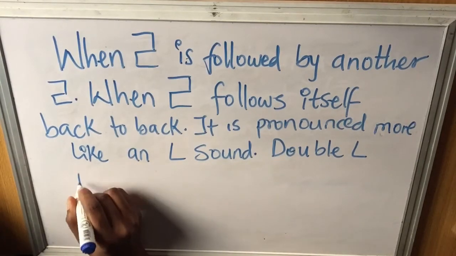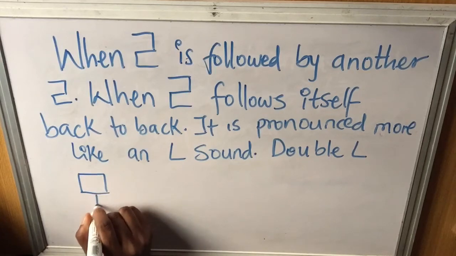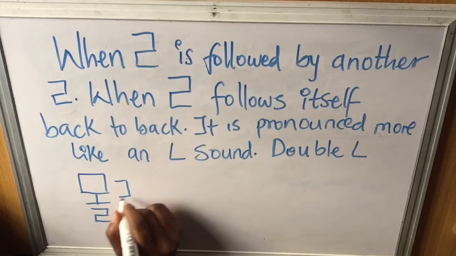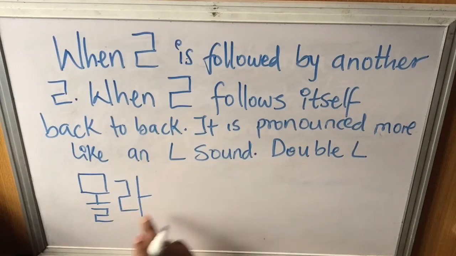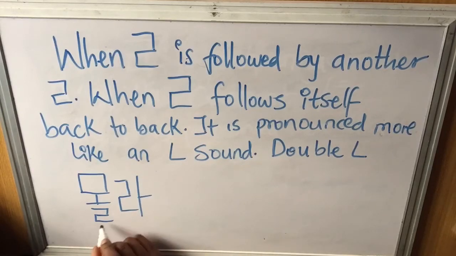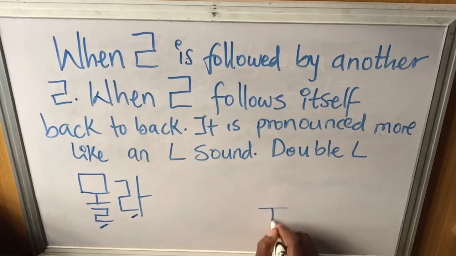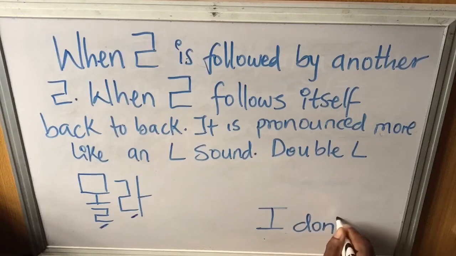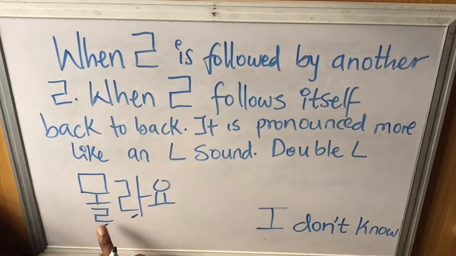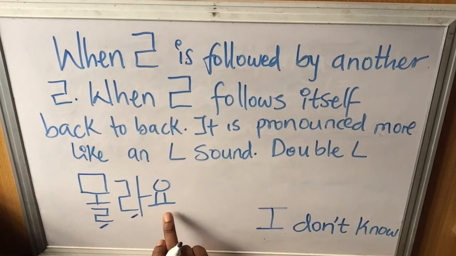Our next example is 몰라. 몰라, as you can see, has rieul here and rieul here, just like in 빨리. So 몰라 means I don't know. 몰라 or 몰라요.